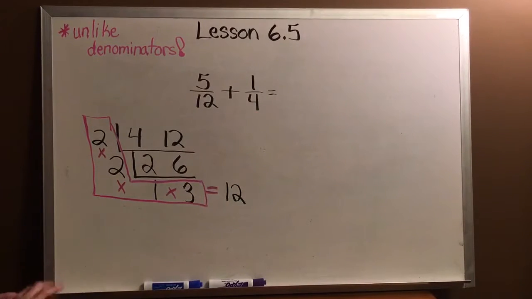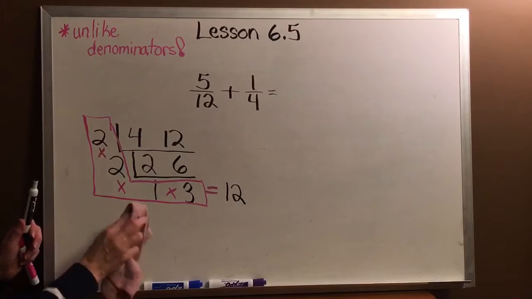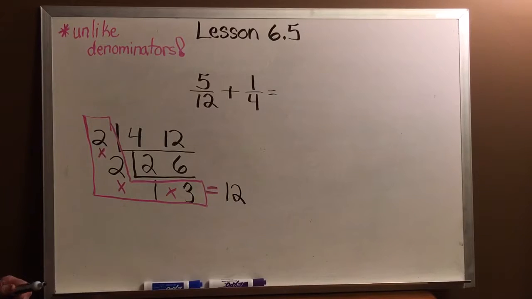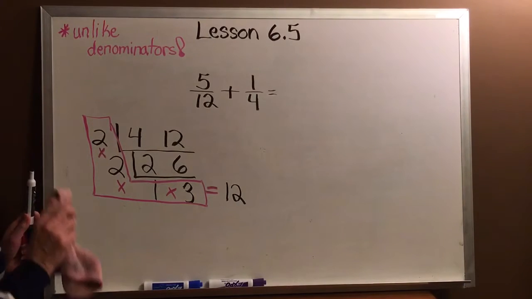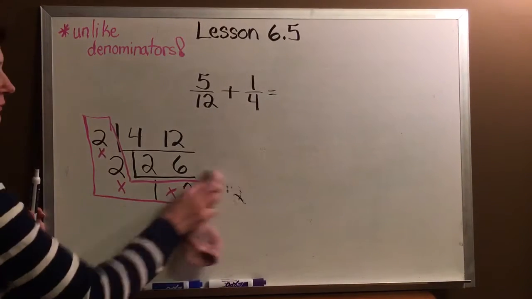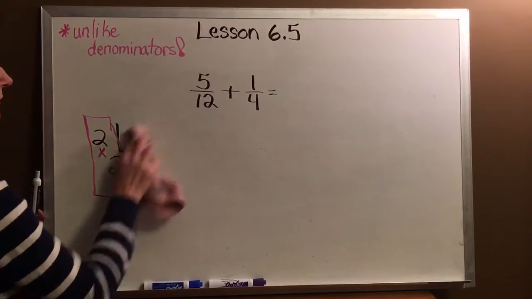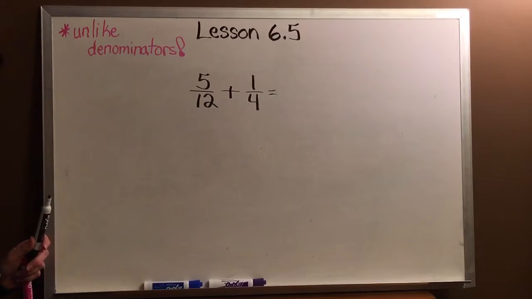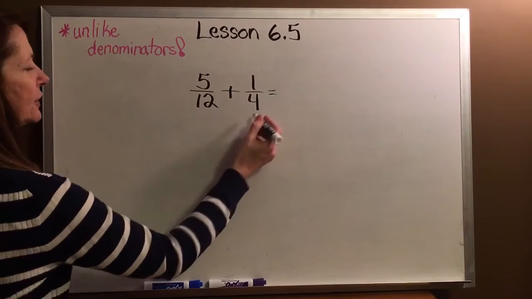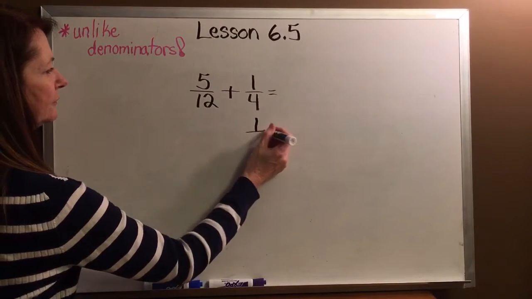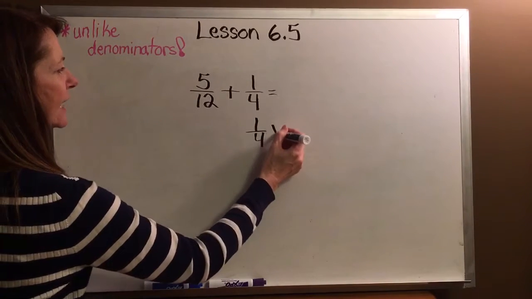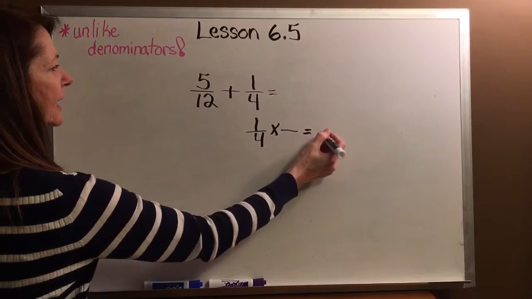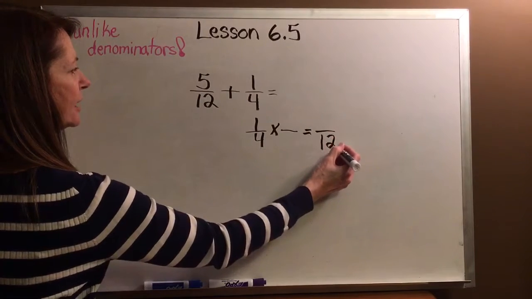All right? I'm going to go ahead and get rid of my work here. Don't erase your work. Your work is a good reminder on what you did, how you got there. So you don't erase. All right. So on your paper, here's what you'll want to do. You'll want to go ahead and work your way down the problem. So you're going to take the 1/4 right here, and you're going to say, multiplying by what fraction can I get 12 as my common denominator?